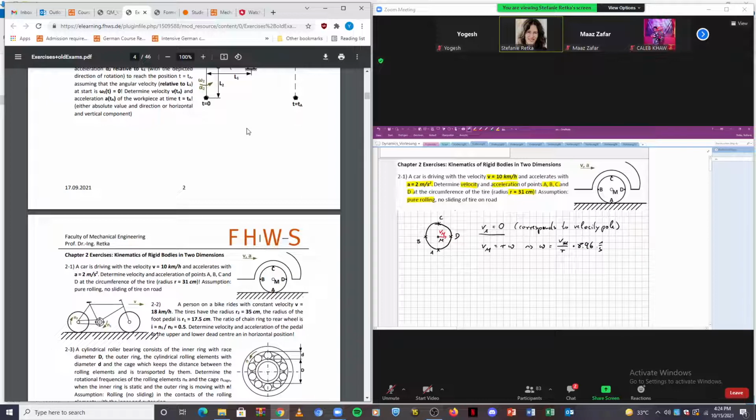And then once we have the angular velocity, we can compute the velocity of points B, C, and D. For point B, we need this distance.